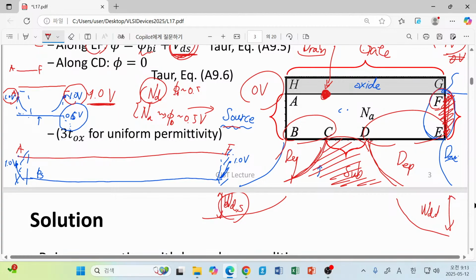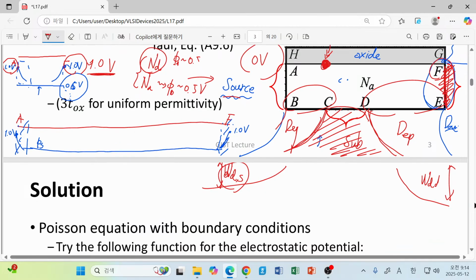That doesn't matter actually, because we are now talking about the change of our potential mainly due to the drain voltage, so that is not that much affecting our final result. Okay, so anyway, that is the one.